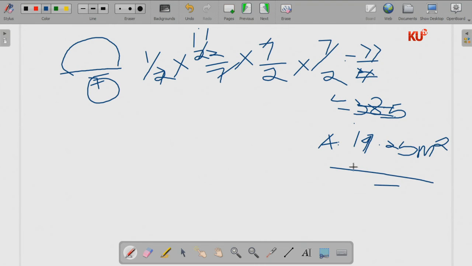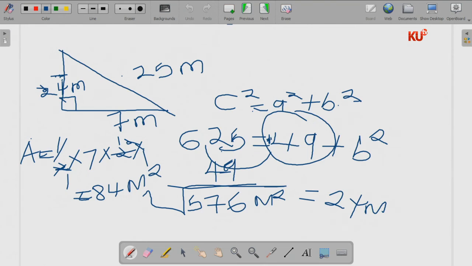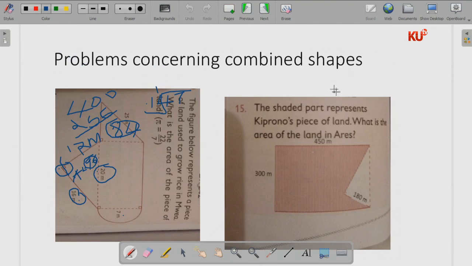19.25. Then you come to the area of the rectangle. Rectangle, I know this one is taught in class 4. Length times width. 20 times 7 gives us 140 meter square. So you add them.